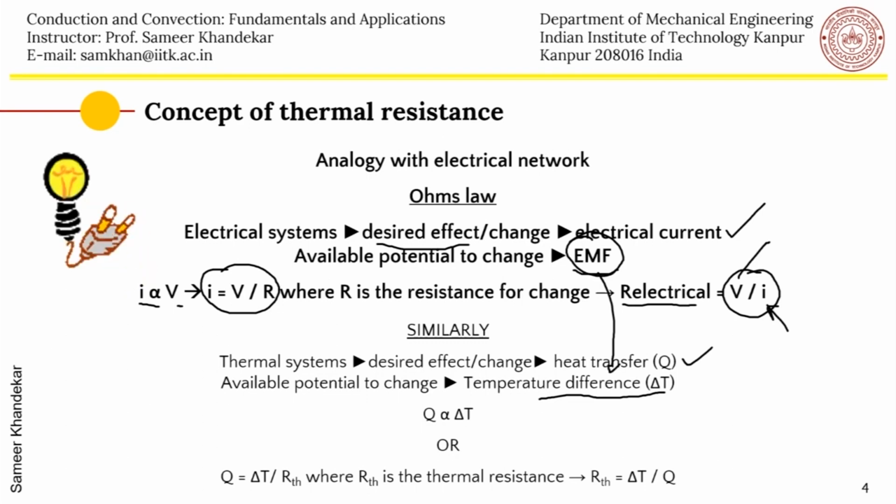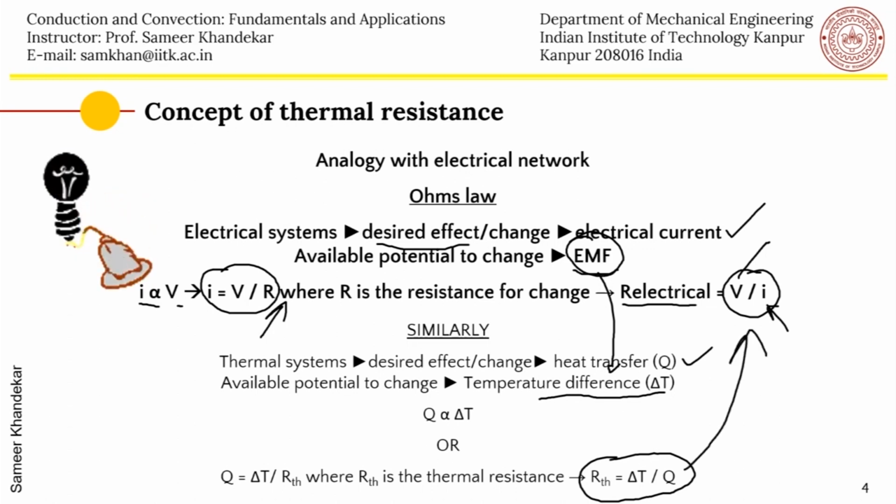So Q is proportional to delta T, or analogous to the electrical resistance, we can write a thermal resistance R thermal as delta T divided by Q. So if you compare this, you see the analogy between the two. This is the potential to change, this is the resistance to change, and this is the desired change which we want from the system, and that is the heat transfer.